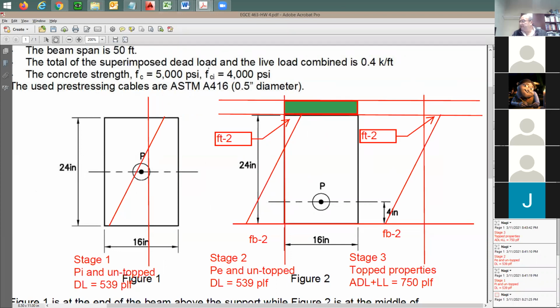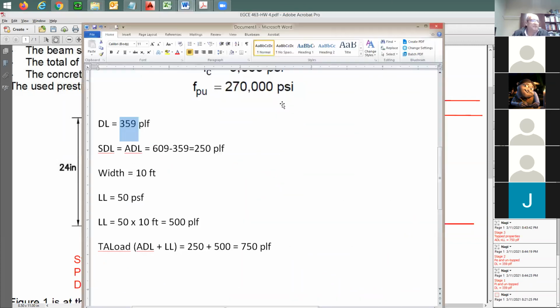I'm sorry. It's my On you dead load right there. Yeah, you wrote It is 539. my mistake. 359. Thank you. Thank you very much. 359. You're absolutely correct. 359. But additional dead load, as we calculate that, is equal to 750. So this one is correct, right? Okay, good.